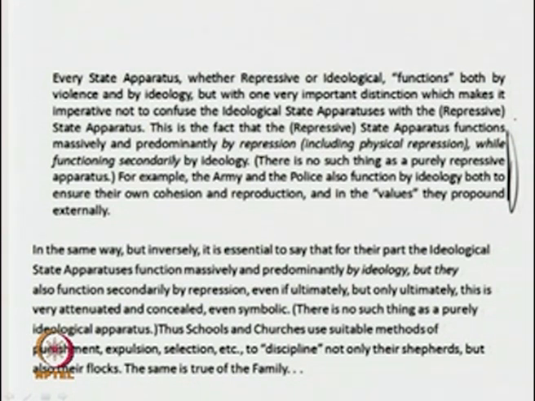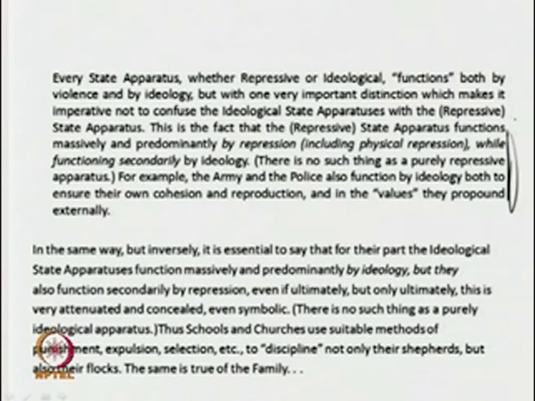I am reading again: this is the fact that the repressive state apparatus functions massively and predominantly by repression, while functioning secondarily by ideology. Primarily, RSAs may function by repressive measures, by violent measures, but these apparatuses are also informed by an ideology.